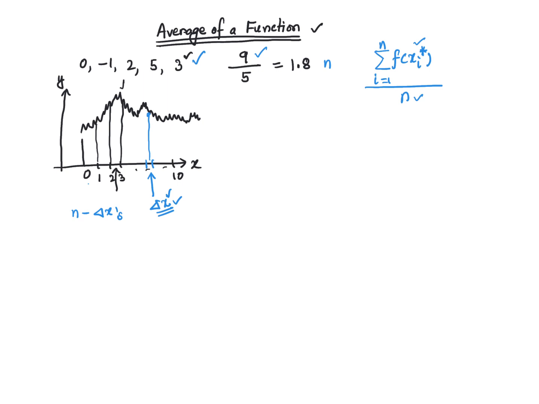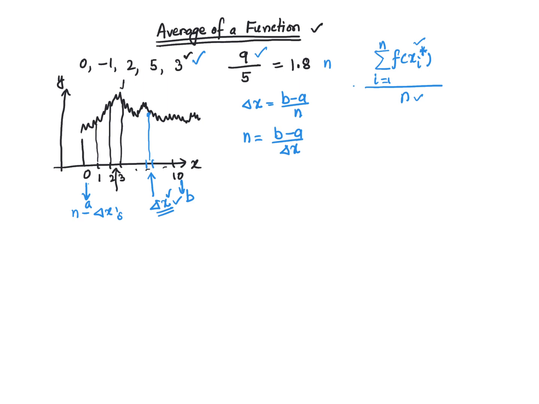Now, if this is my a, and this point is my b, then delta x is equal to (b minus a) divided by n. Or if I solve for n, I get n equals (b minus a) over delta x.